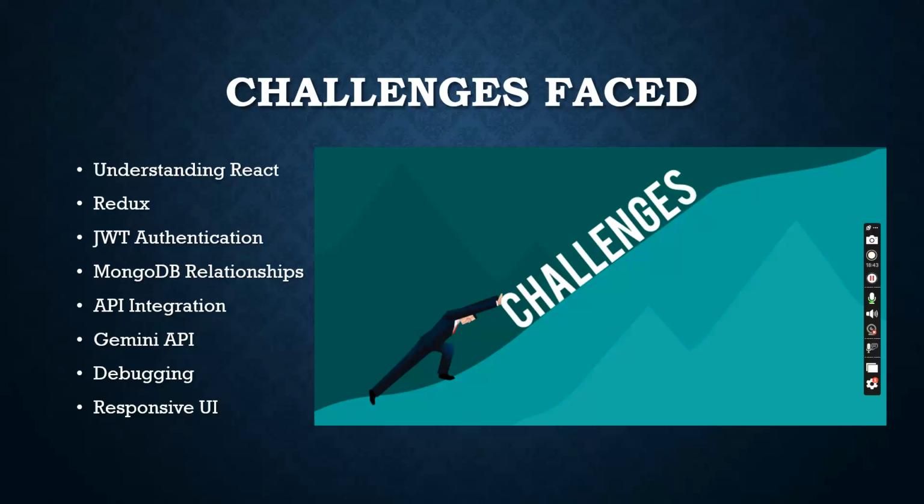Initially, I found it difficult to understand actions, slices, and operations. Later, when I followed Richa ma'am's lecture, I understood the concepts very clearly, which helped me build very efficiently during this whole internship.